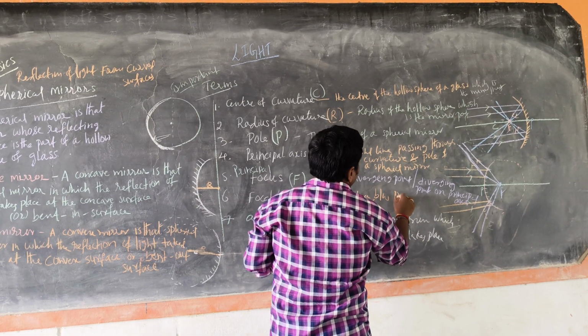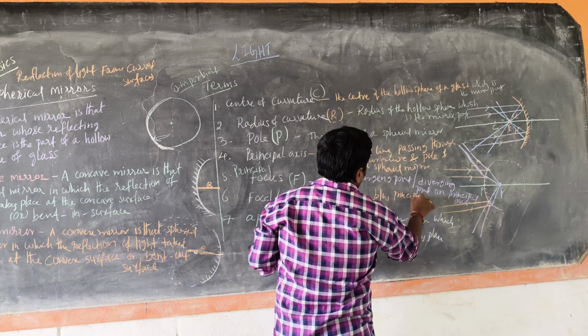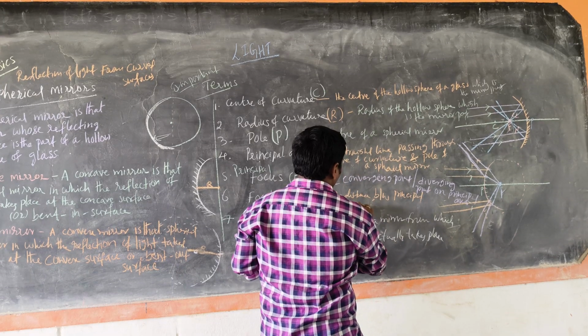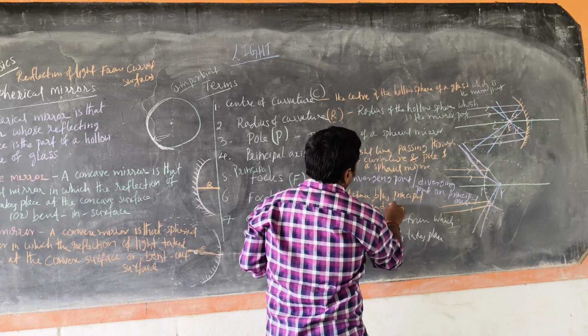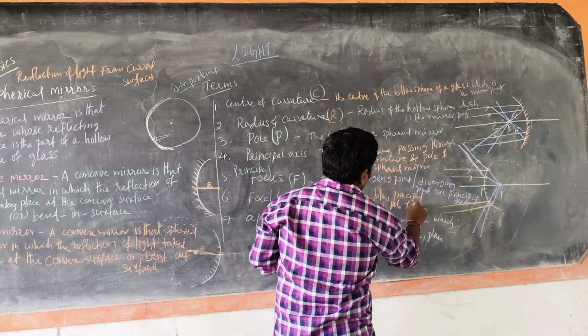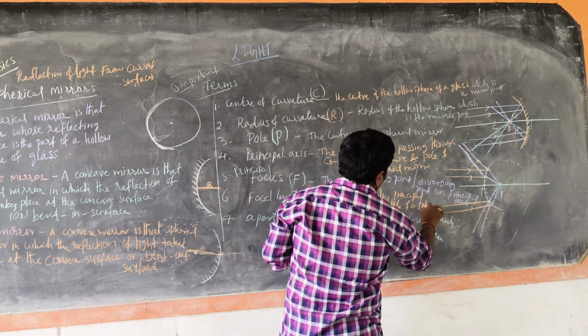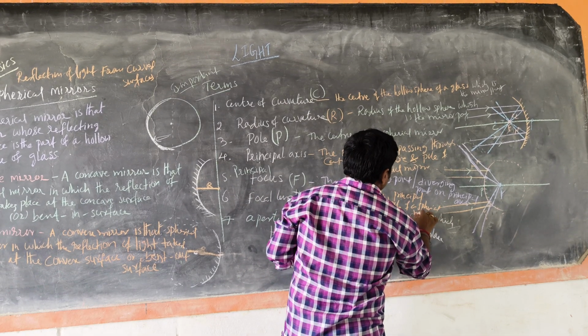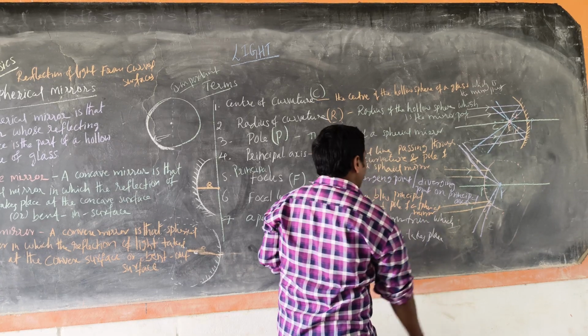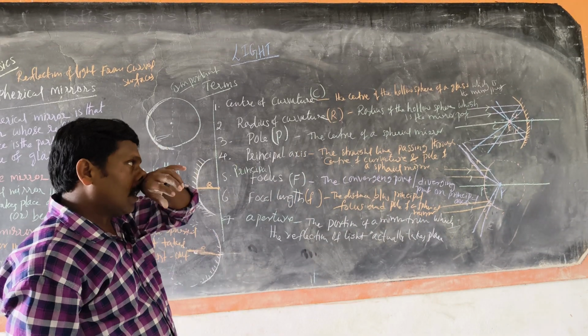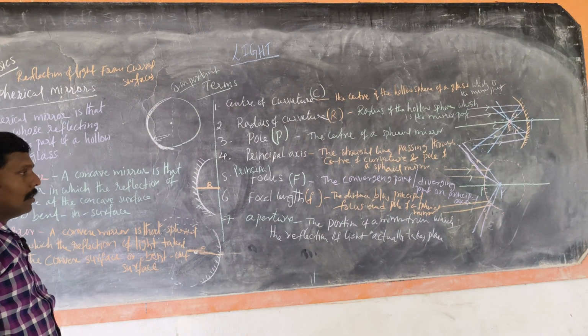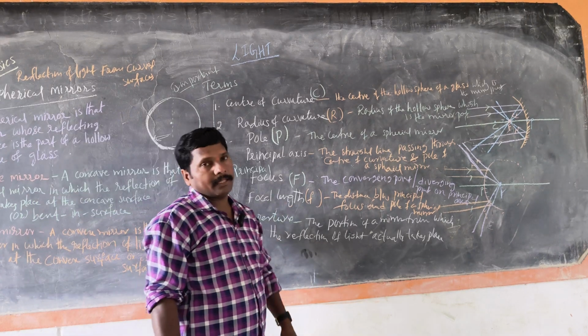between the principal focus and the pole of a spherical mirror is called focal length.